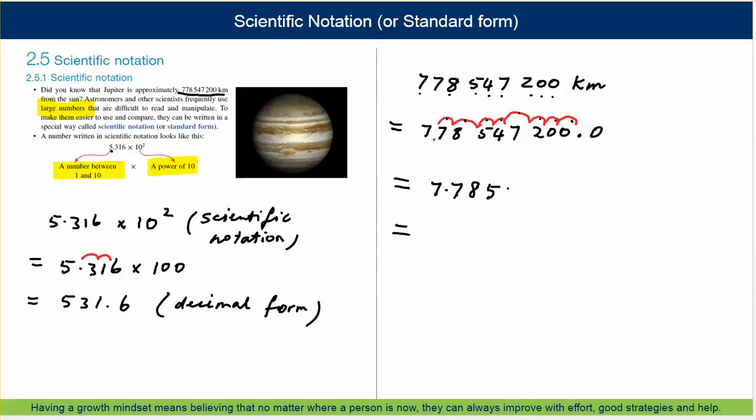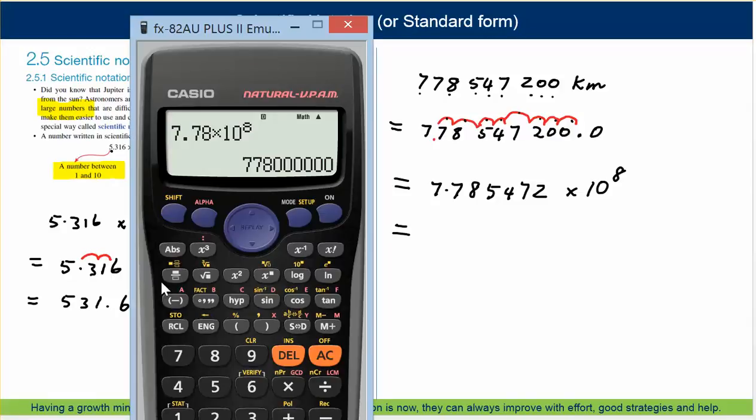So there should be 5,472 times 10 to the power of 8. Okay, let's go back and try that again with the calculator. Sorry about that. So I'll put 7.785472, and then times 10 to the power of 8. Press enter.